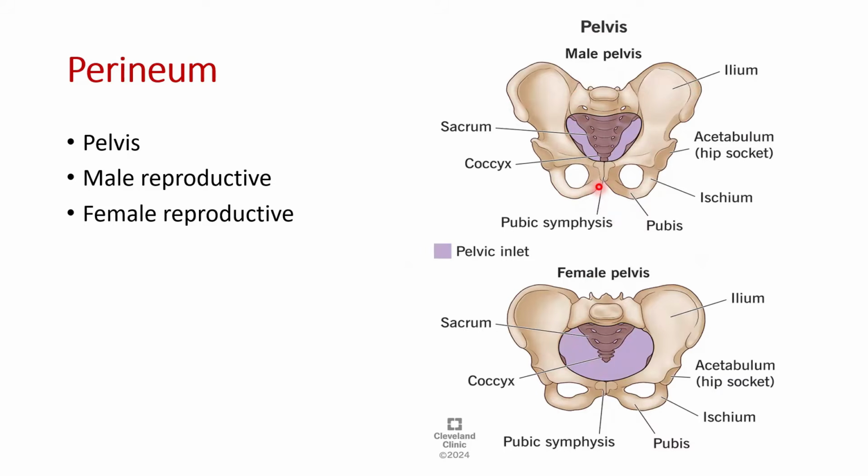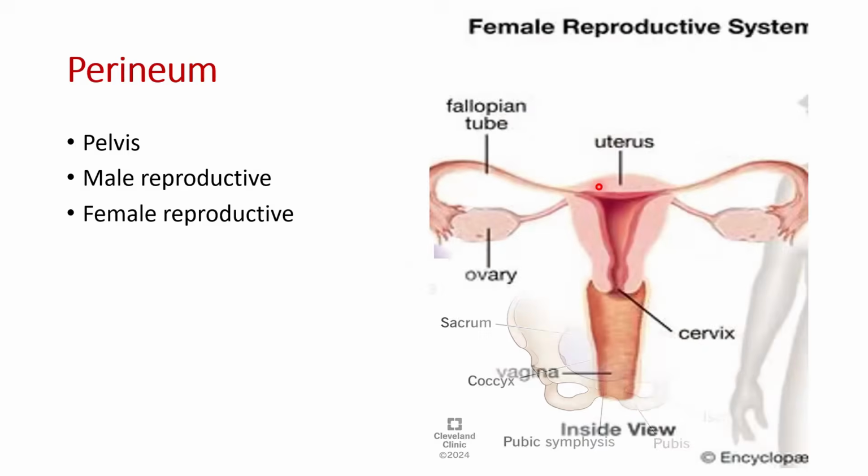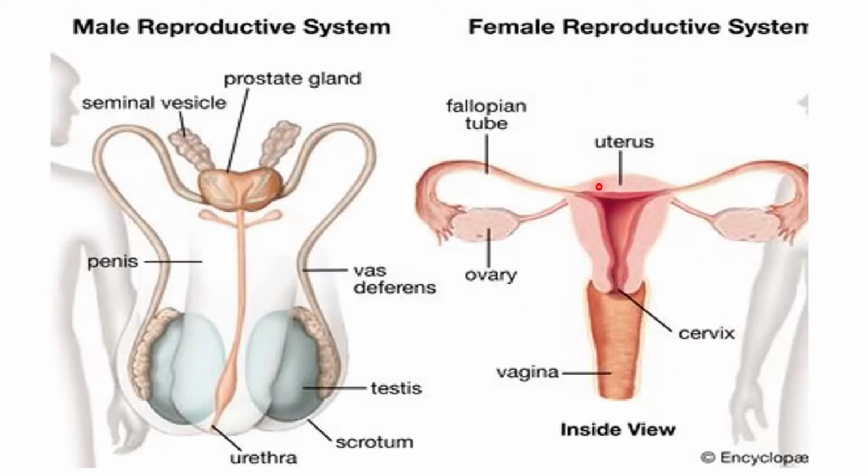And even this perineum will have diaphragms, two diaphragms actually, the inner diaphragm and outer diaphragm of the perineum. And yes, now we go to the male reproductive system and the female reproductive system, which is just covered as part of the perineum.